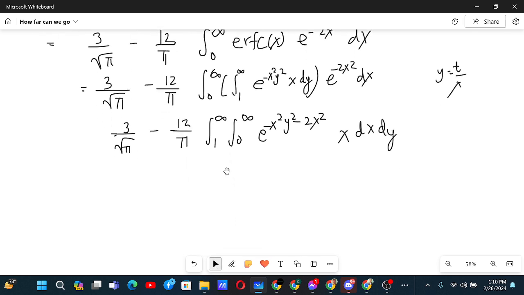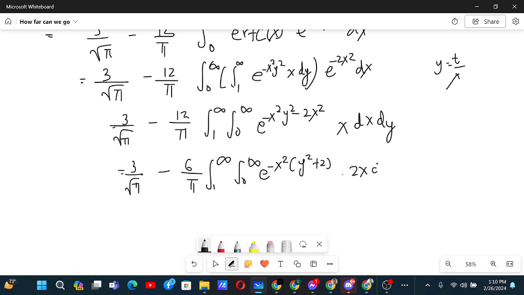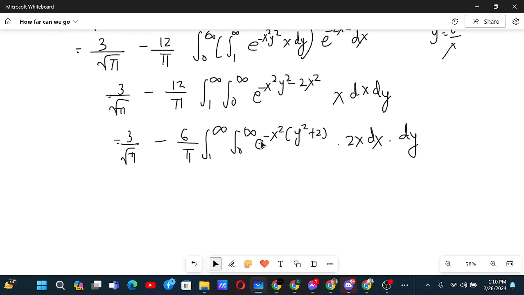Now we can write this as 3 by root pi, let's say minus 6 by pi, integral from 1 to infinity, integral from 0 to infinity. Now take minus x square common, we will have y square plus 2 and then 2x dx over here and then dy. Okay, so now if x square be g, here we will have just dg. So that's why now it's easily integrable. It's a simple function now.